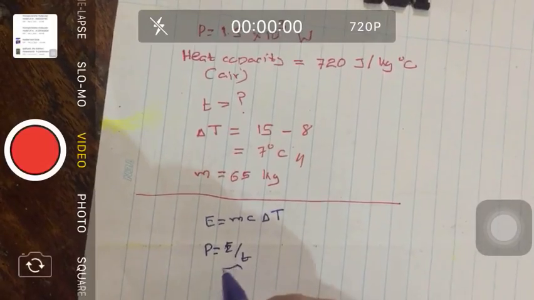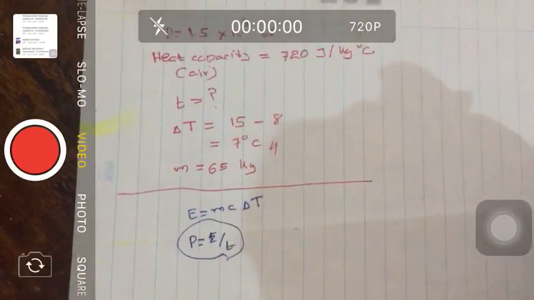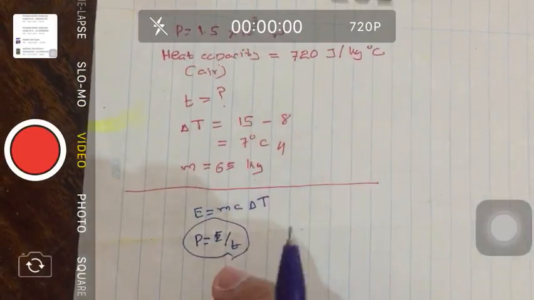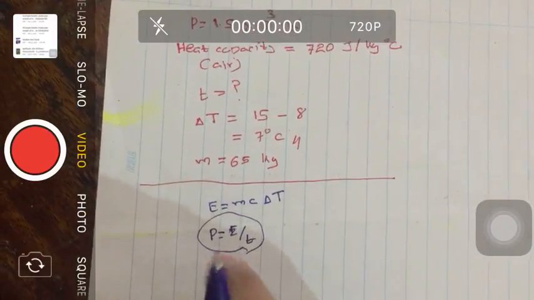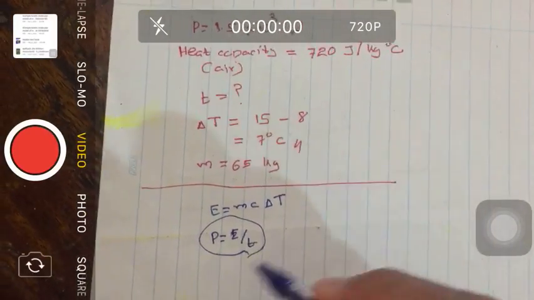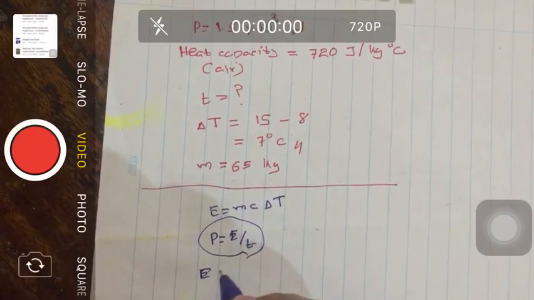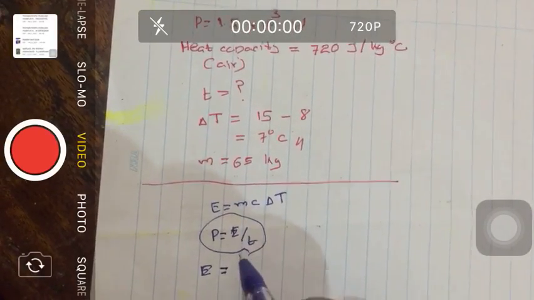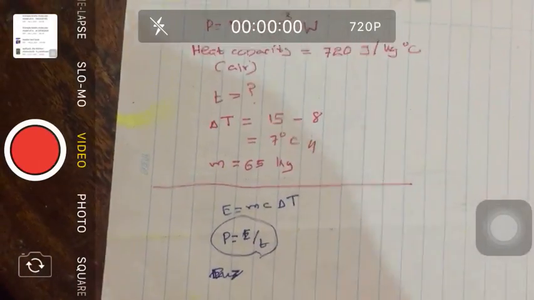So time comes only in this equation. That must hint you that you have to use this equation definitely. So this is how the brain works.